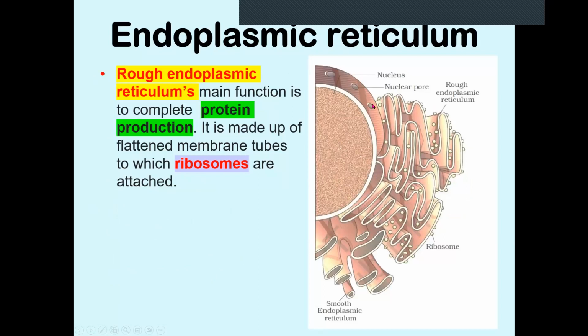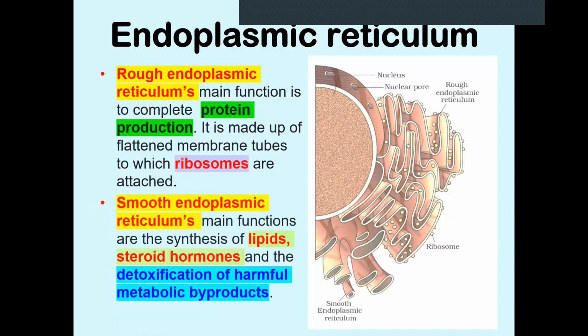So here are the pores, and I should mention, I did before, there's smooth endoplasmic reticulum which doesn't have the ribosomes. So they produce lipids and the steroid hormones. That's the steroids, basically fatty hormones.